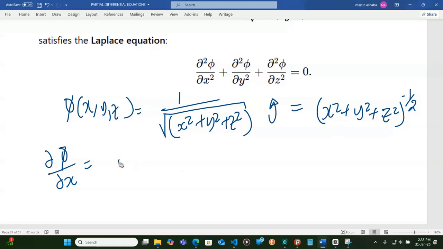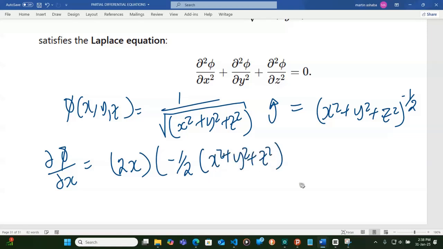Then I differentiate the whole power, which gives negative a half times (x squared plus y squared plus z squared), and reducing the power by 1, I get negative 3 out of 2.